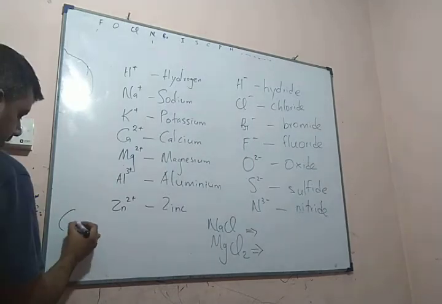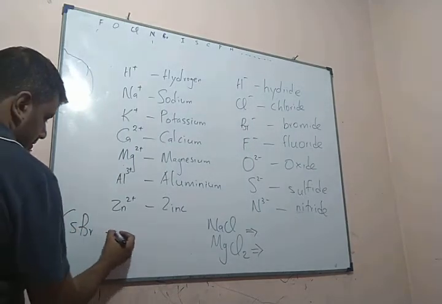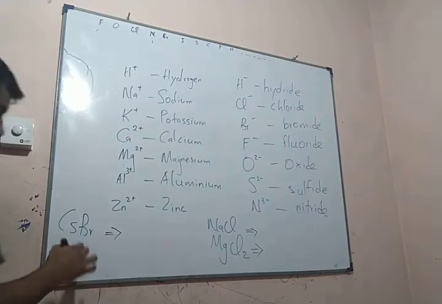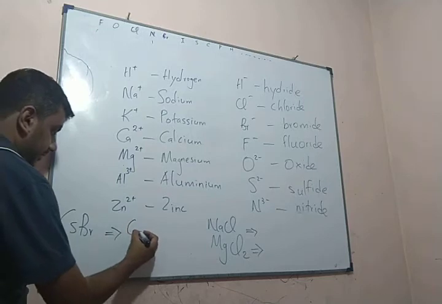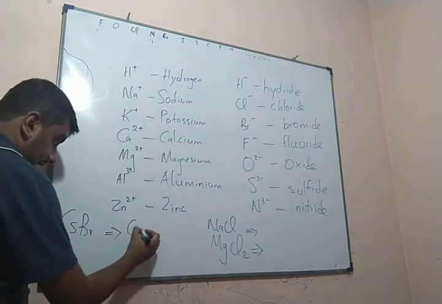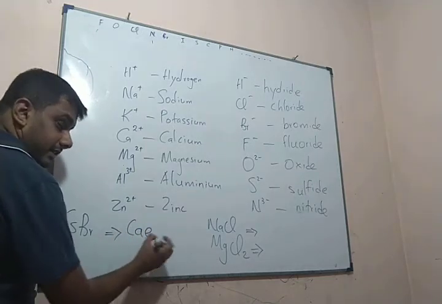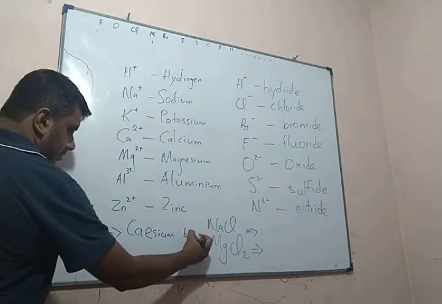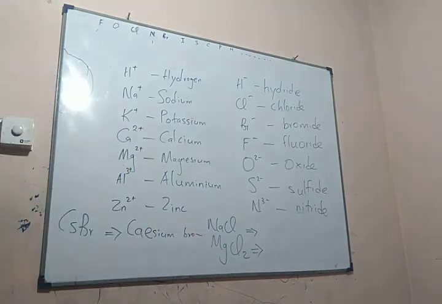Cesium bromide. What's the name? Cesium. Spelling for cesium, C-A-E-S-I-U-M. Cesium bromide, right?